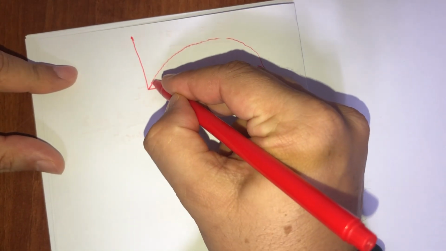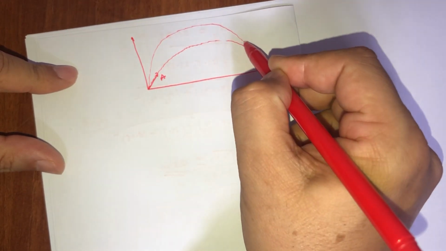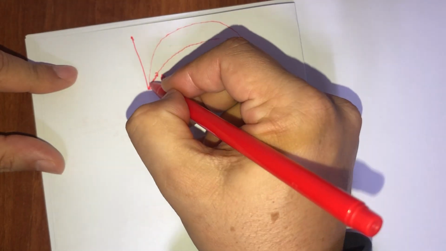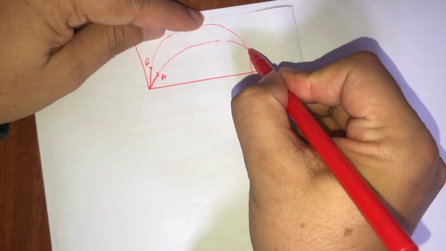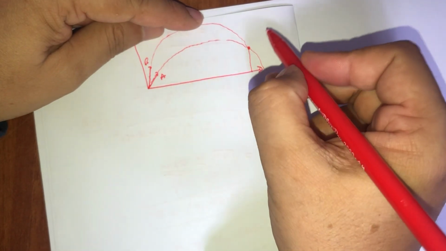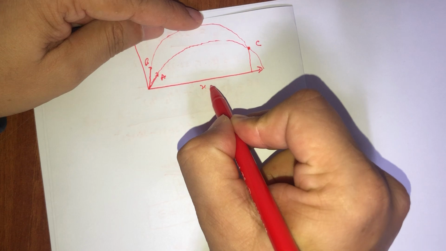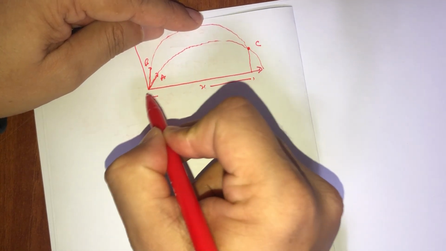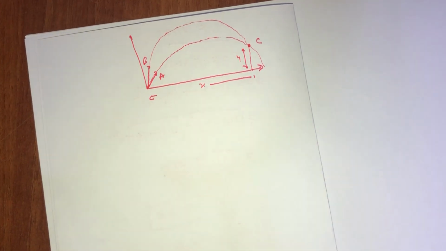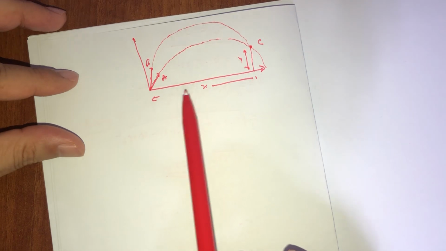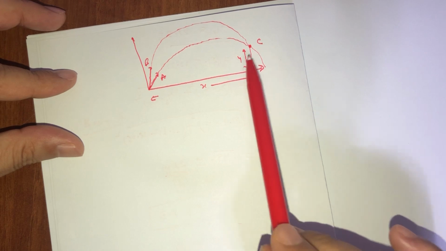Let us suppose this is body A and this is body B, and they meet at another point C. So x will be the horizontal distance and y the vertical distance. It means the horizontal distance traveled by both A and B is x, and the vertical distance traveled by both A and B is y.